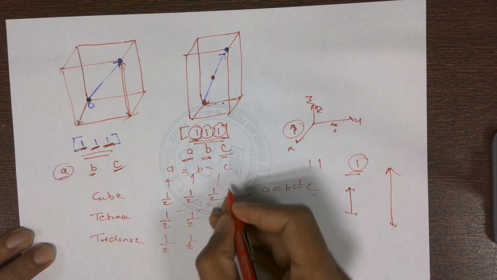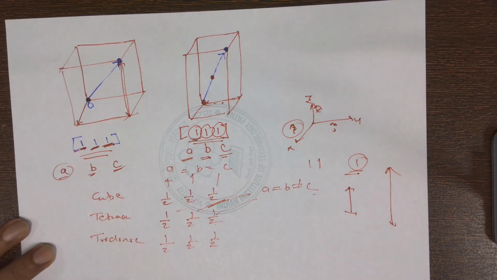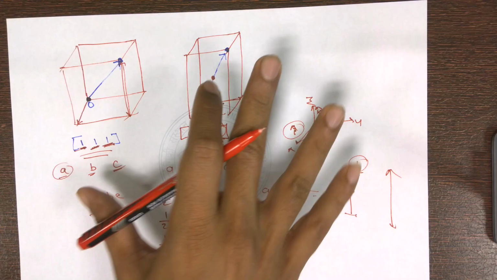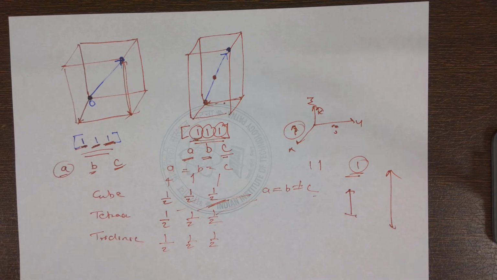But the Miller indices will be represented by this itself. This is the Miller indices of that particular coordinate. There is one question based upon this concept. The question will try to confuse you, giving certain additional information, but you have to be safe from that.